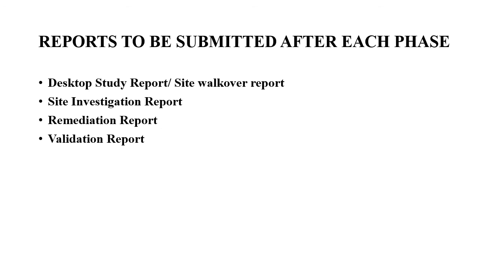Now you have to plan the sampling procedures, that is the way to collect your soil, water and air samples. Sampling procedures and techniques need to be written down clearly: how you are going to collect the samples, why, what technique, and what different tests you are going to conduct on the collected samples. Obviously the results of those tests, and recommendations for a possible remediation technique that can be adopted for your contaminated land, can also be mentioned in this site investigation report.